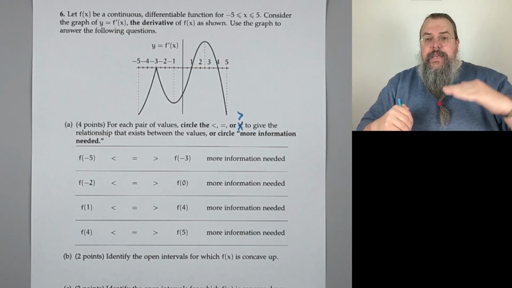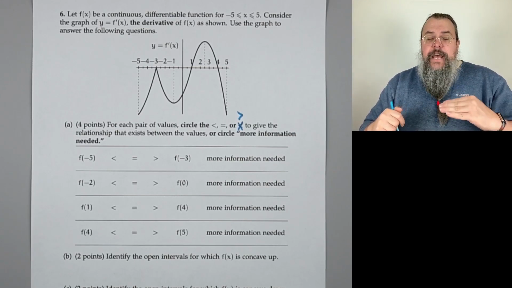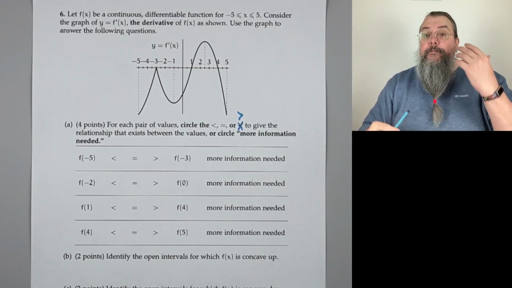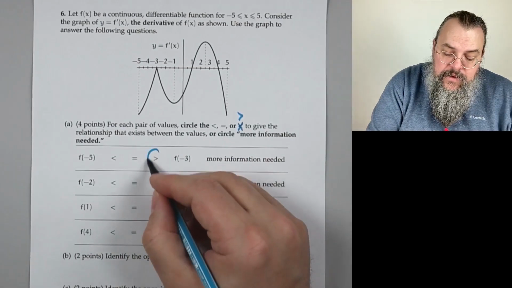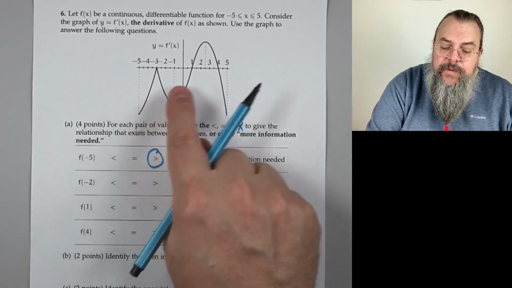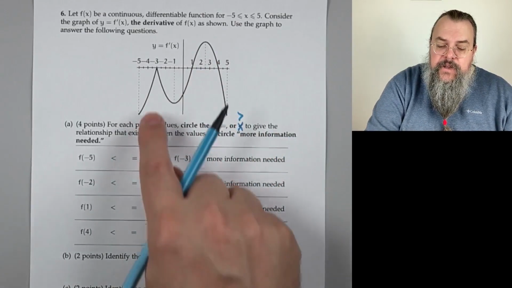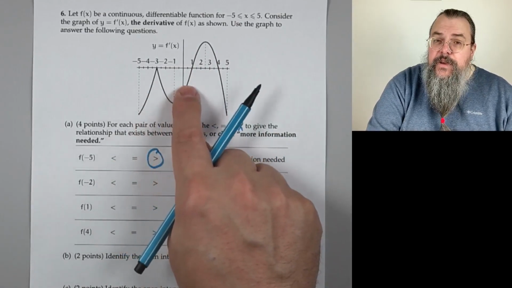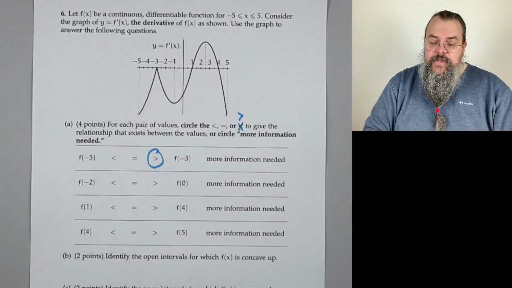So in that case, if we start at negative 5 and we go down, then f of negative 5 has to be bigger than f of negative 3. So that's that circle, right? We're really caring about the signs. The signs tell us whether we go up or down. So where we see negatives, function goes down. Where we see positive, function goes up.